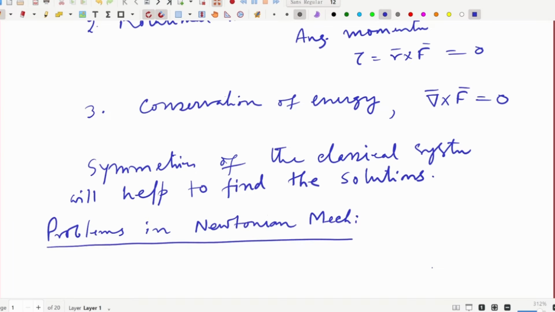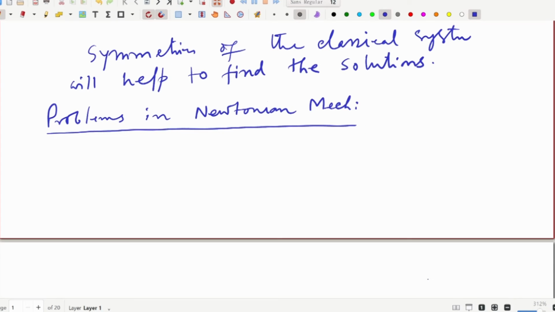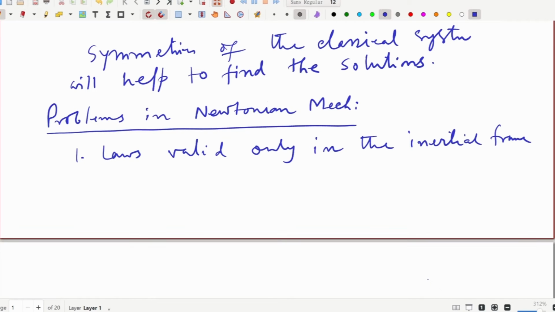First, we already mentioned when discussing Newton's first law that the laws are valid only in the inertial frame. This is of course a disadvantage, and the more philosophical question is why there is a preferred system.